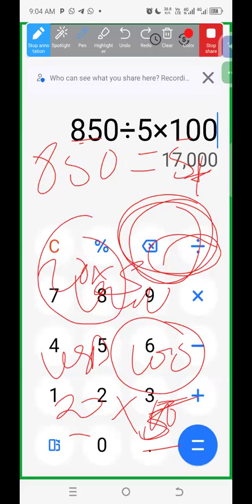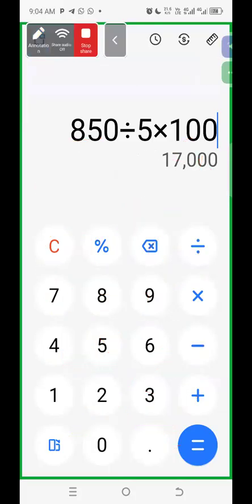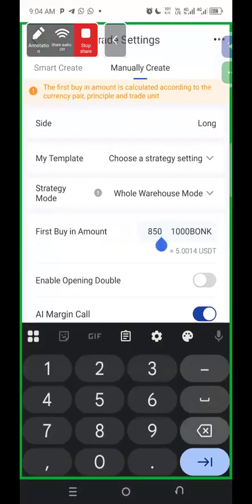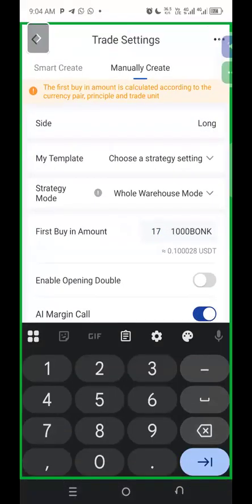I've gotten the 100 USDT already. So I just multiply the total USDT amount by the number of coins and the equivalent USDT amount, which is 17,000. So if I get back here, I have to enter 17,000 here. Please, do you get it? We must get this once and for all.